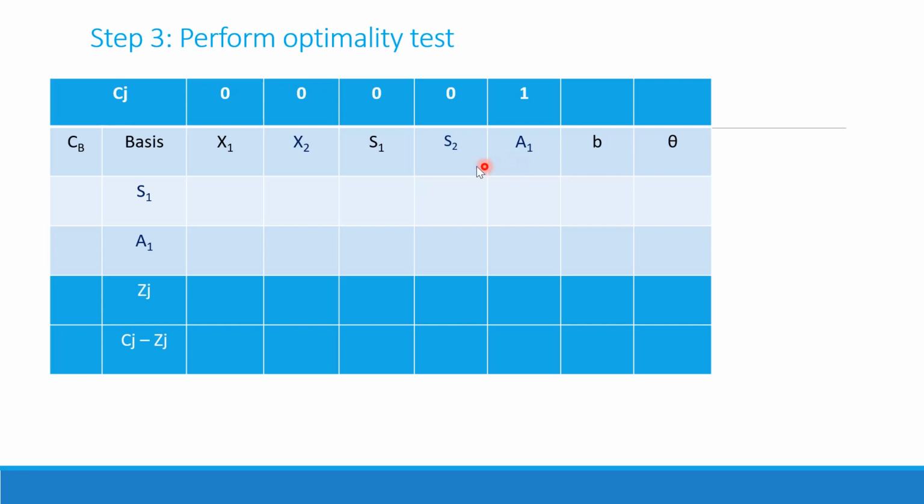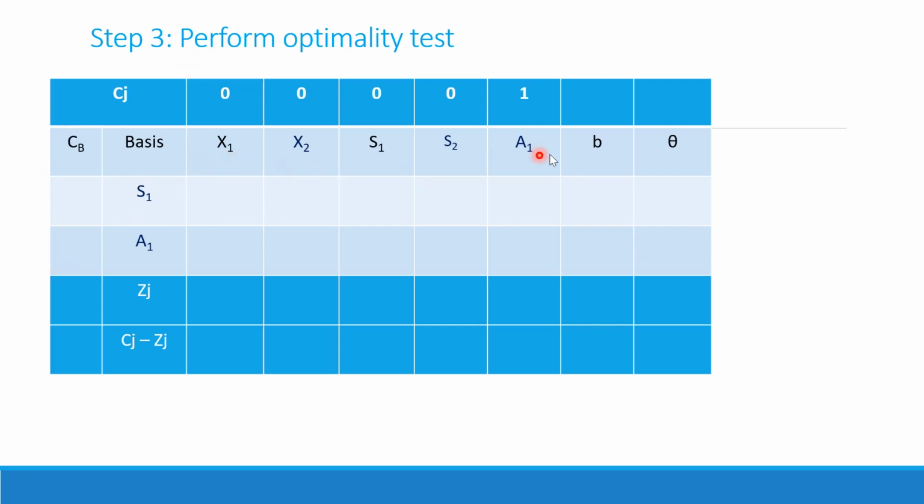Now here s1 and a1 are basic variables at the start, so you can put s2 in non-basic variables and s1 in basic variables, meaning you can swap the columns also, but you can keep it this way also, it is no problem. But for the logic of this table, you can put s2 here and s1 here. Okay, so now we have formed the table.